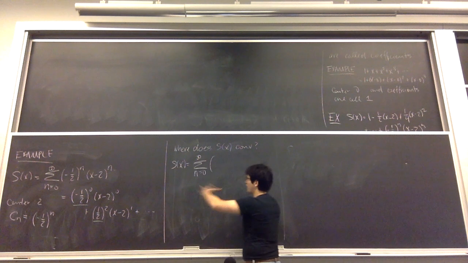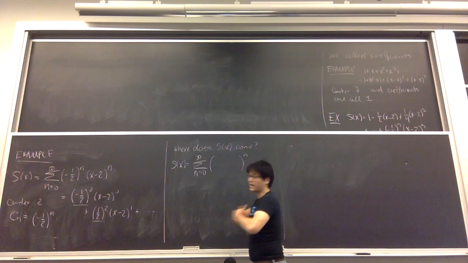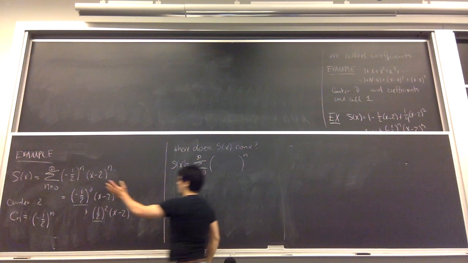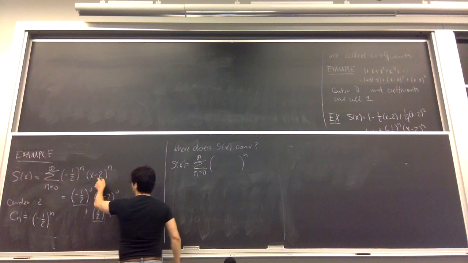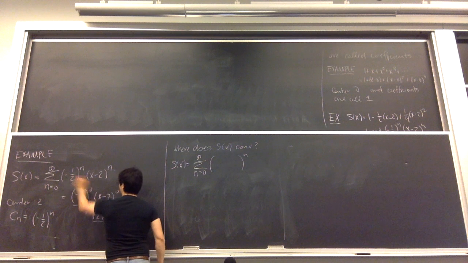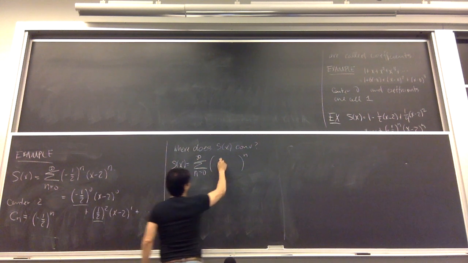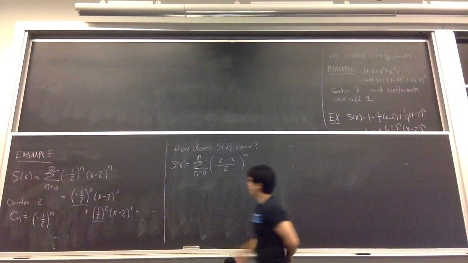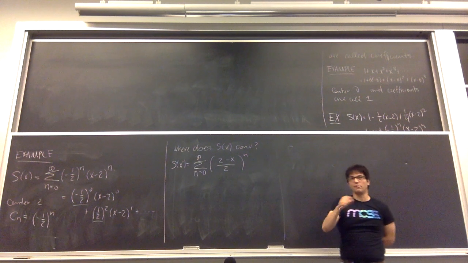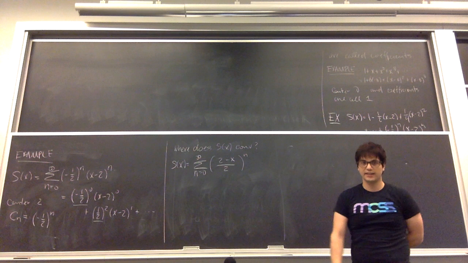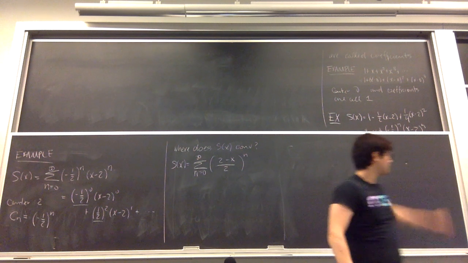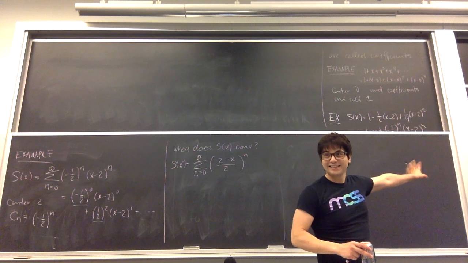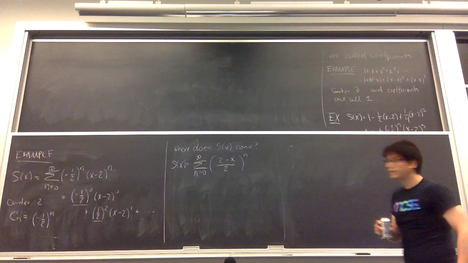I'm going to bring everything into the same bracket, because everything's to the power of n, which means all I have to do is multiply this minus a half with this x minus 2. So that minus just switches this, and I get (2 minus x) over 2. Now can you tell me for which x this thing converges? There's a reason I wrote that at the beginning of class. What kind of sum is this?